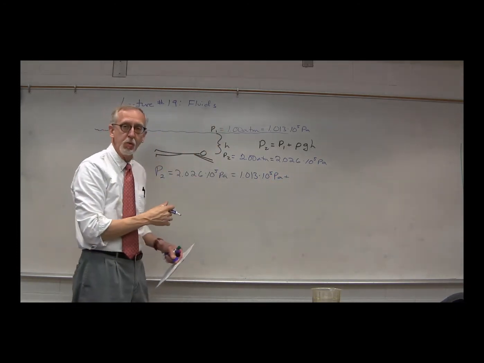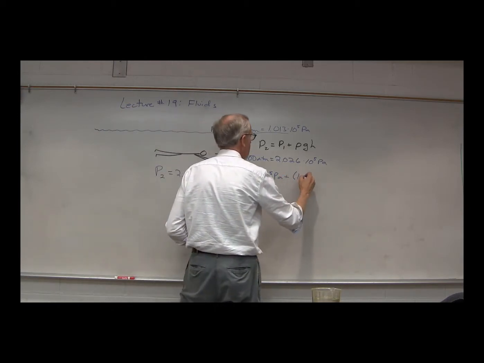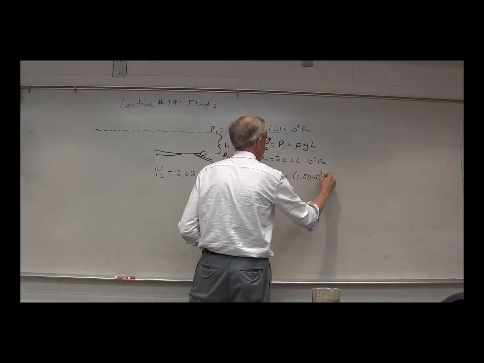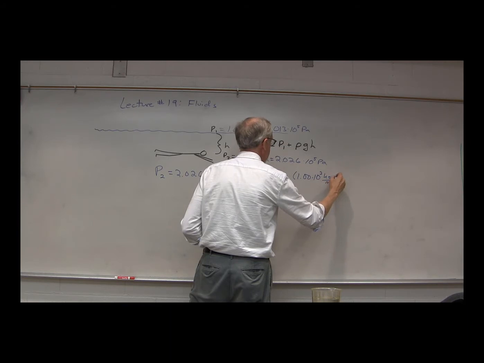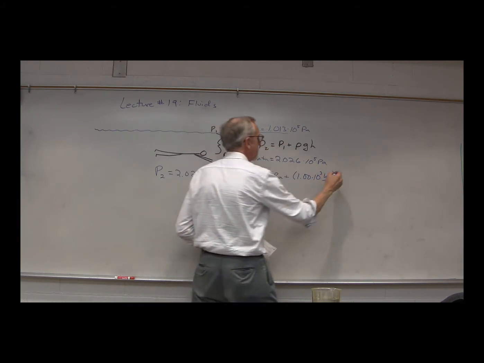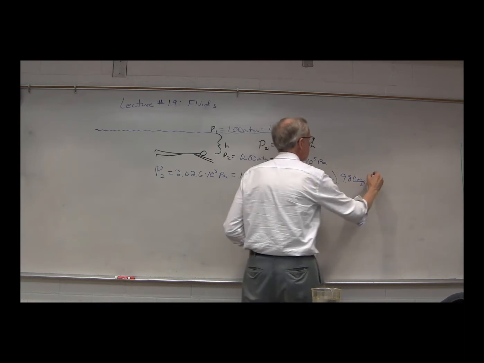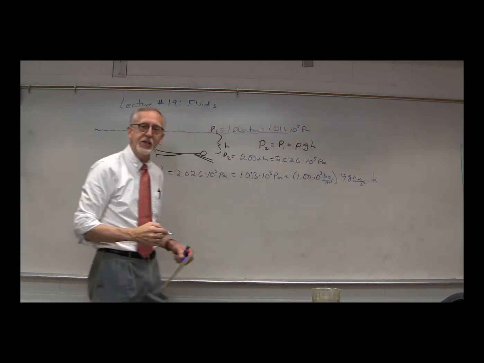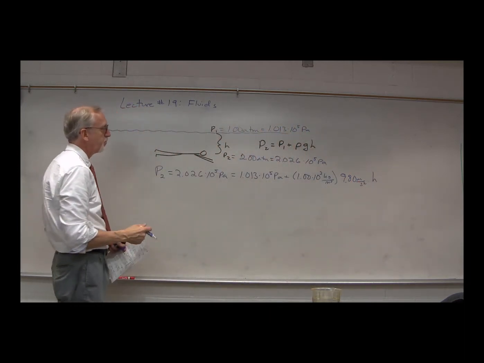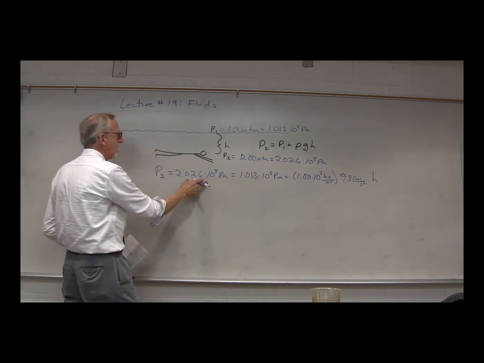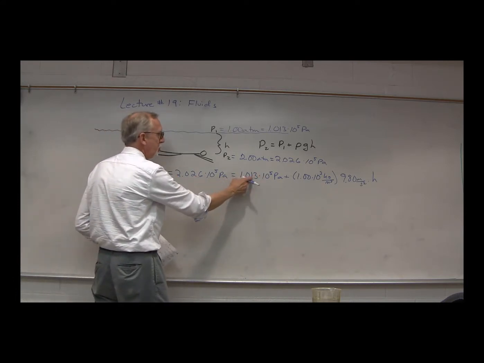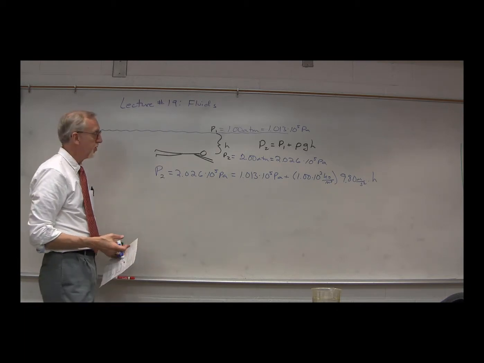Now for fresh water, we know rho is 1.00 times 10 to the 3 kilograms per cubic meter, times G, 9.80 meters per second squared, times H, and H is what we're looking for. Okay, so we'll subtract this from both sides. 2.026 minus 1.013 is just 1.013 again.